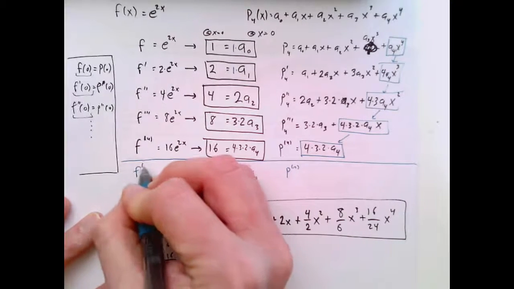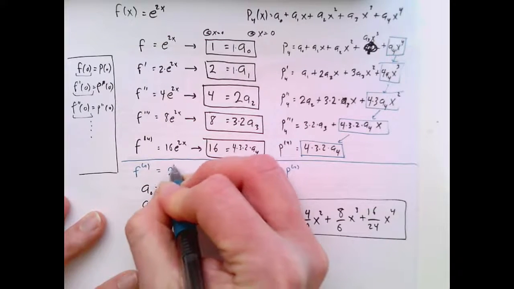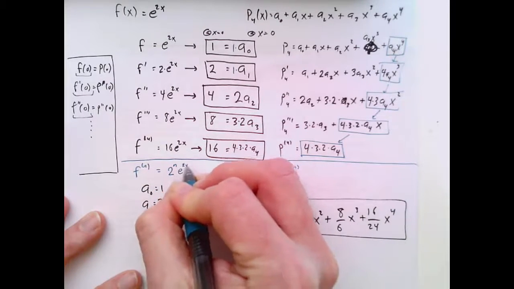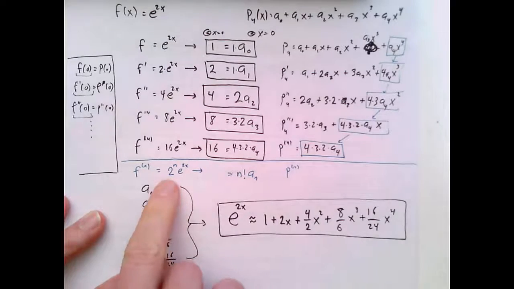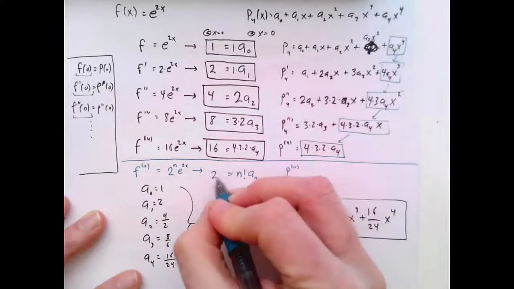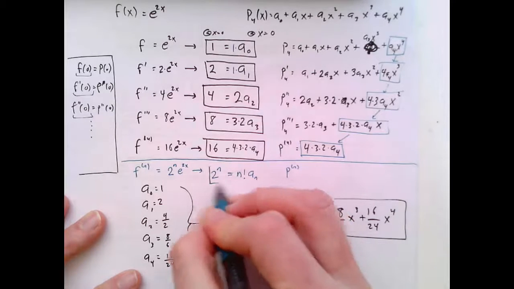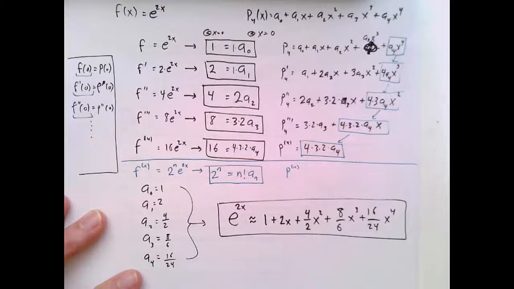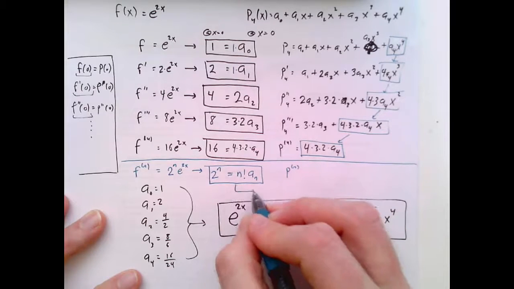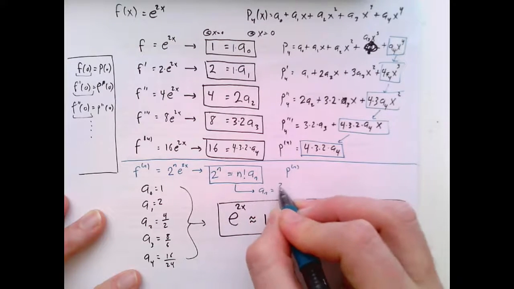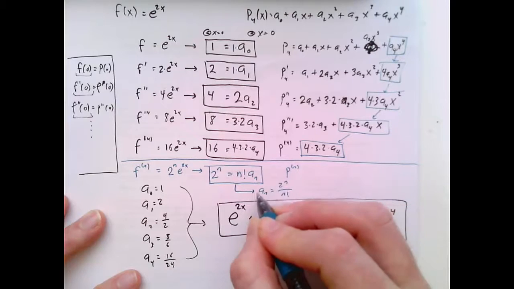So it seems like for the nth derivative, I should have 2 to the n, e to the 2x. And then if I plug in x equals 0, that's just going to give me 2 to the n. All right, well now if I want to take this and solve for the nth coefficient, I get that the nth coefficient is 2 to the n over n factorial.